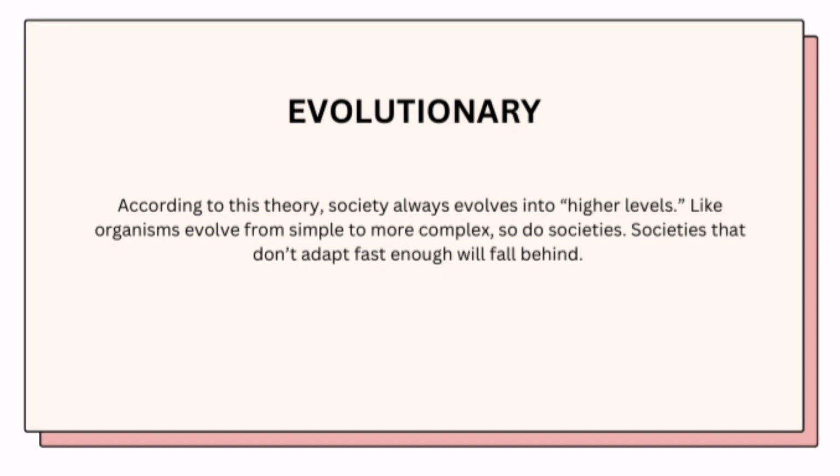Although societies that don't evolve fast enough will fall behind. And also, Auguste Comte believed that evolution was the growth of the human mind, splitting into stages and evolving through these stages. Comte concluded that society acts similarly to the mind.